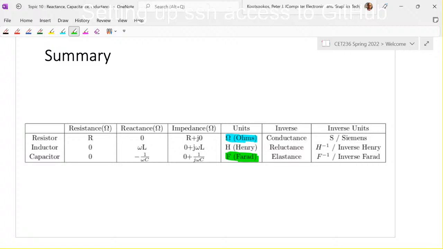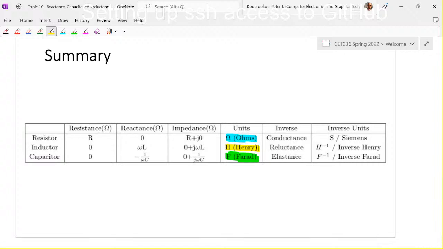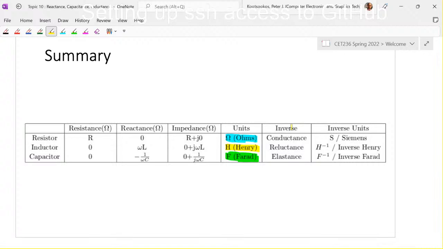And when we talk about an inductor, its inductance, the L value, is given in henries. And then there are some inverse units. Inverse of resistance is conductance, inverse of inductance is reluctance, inverse of capacitance is elastance, and they have various units.